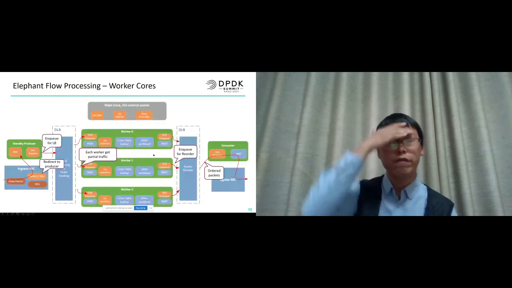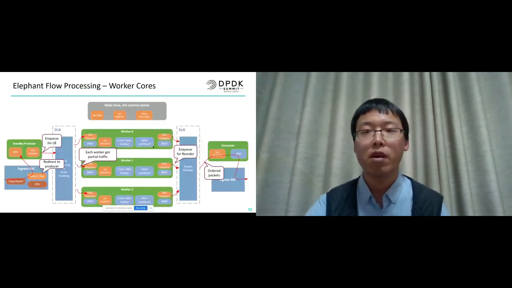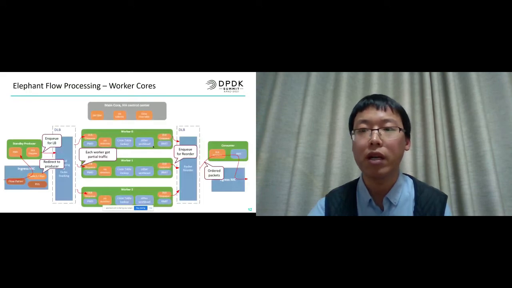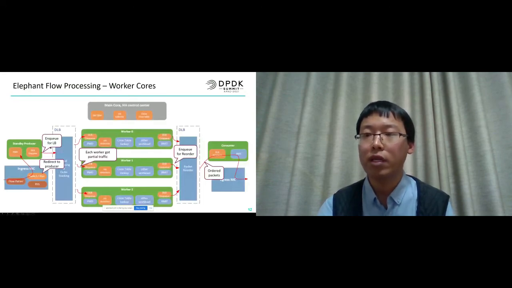Okay, if we review the whole solution again, first I leveraged the NIC RT flow capability to redirect the elephant flow to a standby core. This helps us eliminate bottlenecks on the producer.